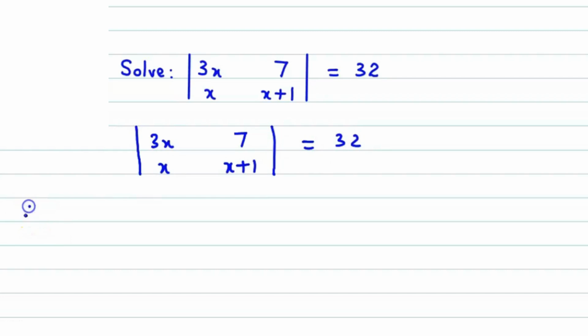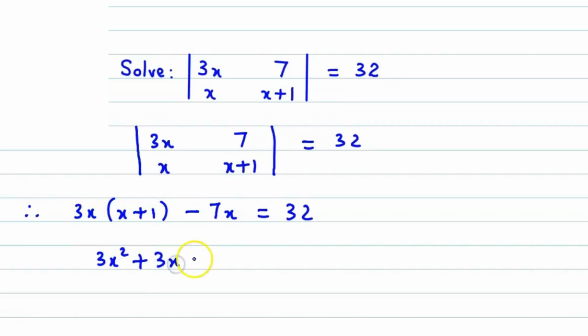Expanding the determinant, we get 3x into x plus 1 minus x into 7, that is 7x, is equal to 32. You just multiply this bracket by 3x, so 3x times x becomes 3x square, 3x into 1 is 3x, minus 7x.